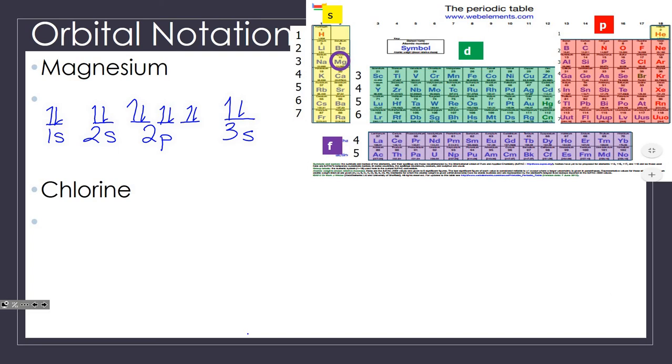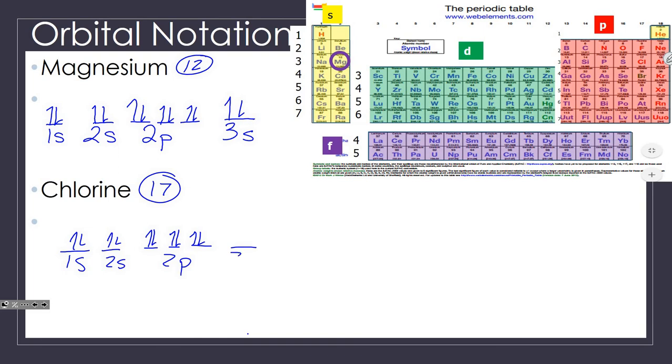Okay, so chlorine. Magnesium had 12 arrows. This one, chlorine, should have 17. So chlorine's going to be just like magnesium, but I'm going to go past magnesium, right? Everybody agree with that? So we're going to put what we had for magnesium, and then we're going to add to it to get to chlorine.